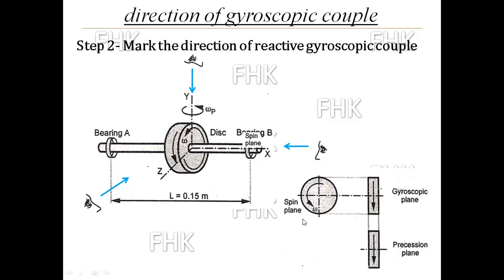Now, which is spin plane, which is precession plane, and which is gyroscopic plane? The plane in which you can see the actual rotation, that plane is a spin plane, as we learned in the previous session. I will share the link of that previous session. The plane in which you can see the actual rotation, whether it is rotating clockwise or anti-clockwise direction, that is a spin plane.